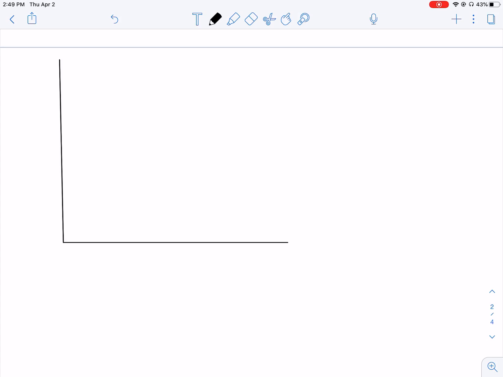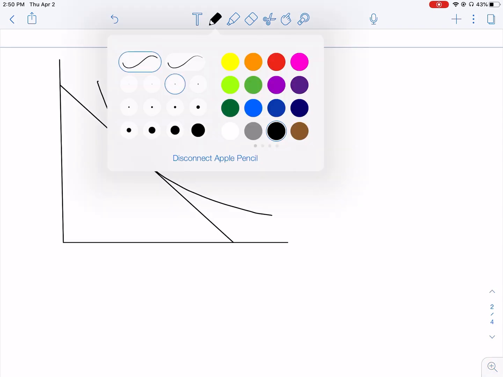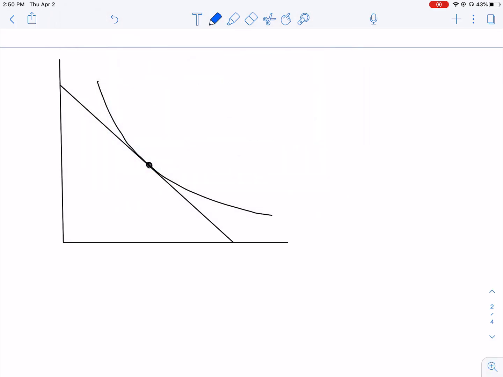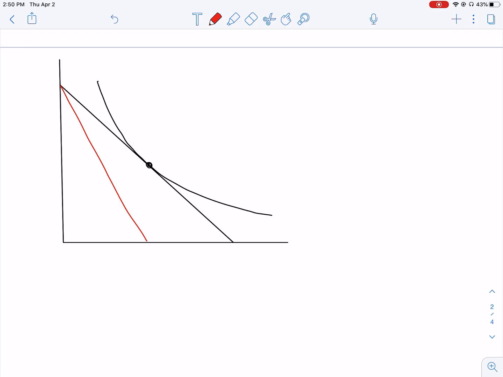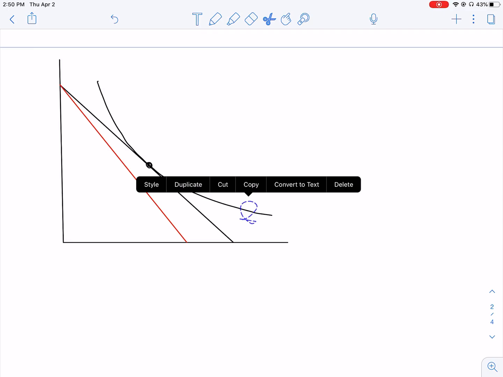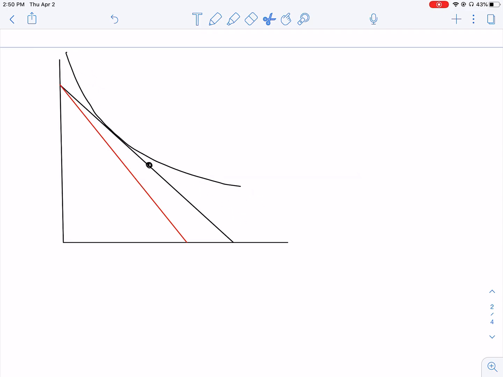Okay, so let's say this was the original budget line, and this was the optimal decision, and the price is changed into, did I use the red one? Yeah. So probably I need to change this one here.